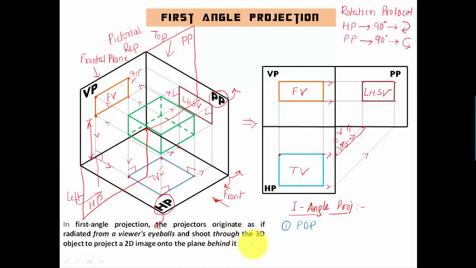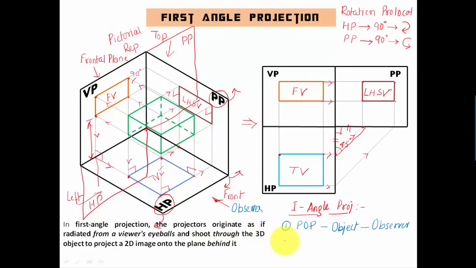In front of the plane of projection you're going to have an object, and there is going to be an observer, in all the three cases. So you have an observer over here, then you have this object, then you have this plane of projection. So this is the protocol in first angle projection.